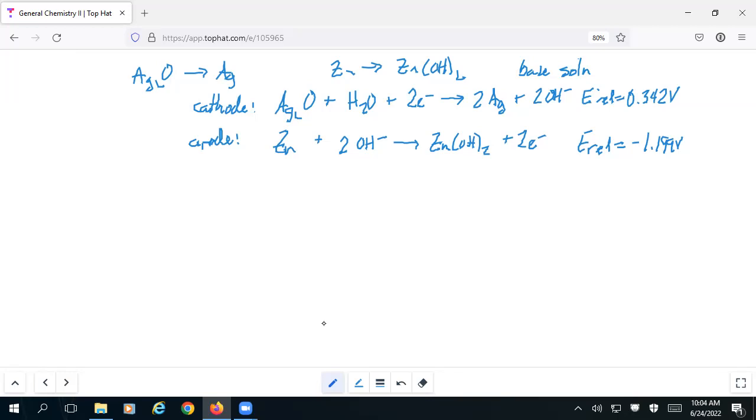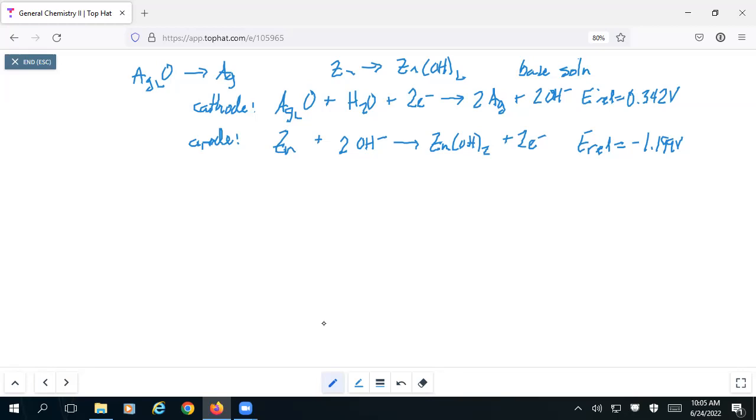And that was important in particular for the silver, because the transition from silver oxide to silver had a reaction for acid and a reaction for base. And there were different E values associated with each. We had to choose the right one. So these were the equations that you needed to end up finding. Silver oxide with water and 2 electrons makes 2 silvers and 2 hydroxides.